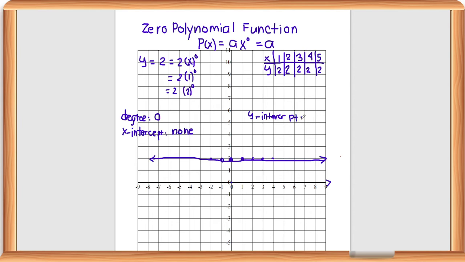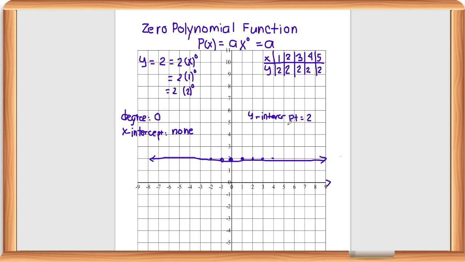So your y-intercept is 2. Remember, for a function, there is only one and only one y-intercept. Because if you have two y-intercepts, that means it is not a function. You will see that in my next videos showing the graphs of different polynomial functions. We have just started here with the zero polynomial, the simplest one. So, the y-intercept is 2 itself.